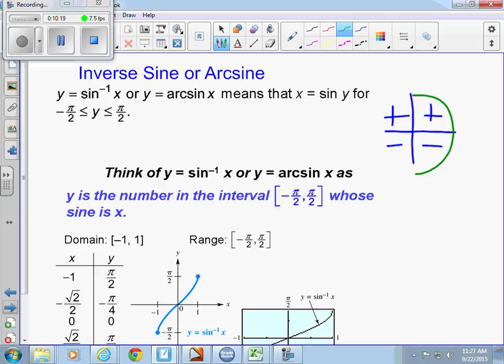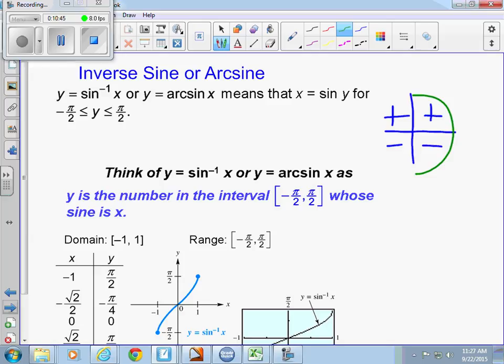Because otherwise, if I pick 1 and 3, then I have a piece up there and then a piece some other place. So, to find sine inverse, we restrict sine of x to between only negative pi over 2 and pi over 2. So, in your calculator, if you do sine inverse of a number, it's only going to give you the first or fourth quadrant answer.